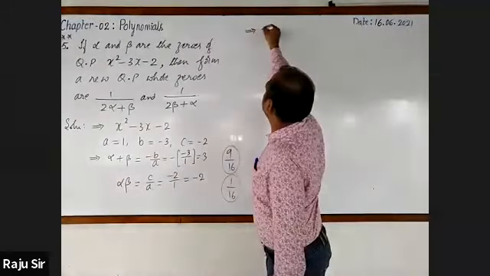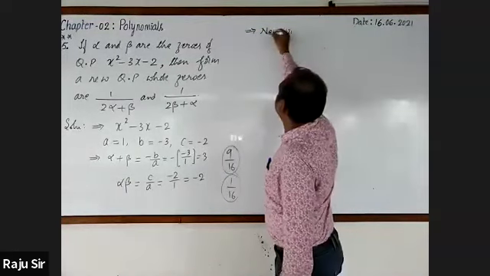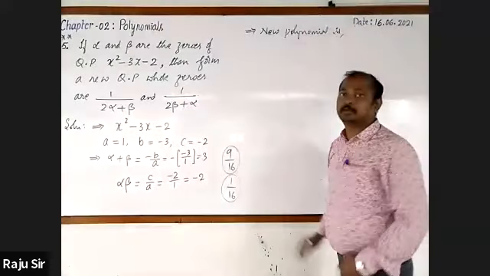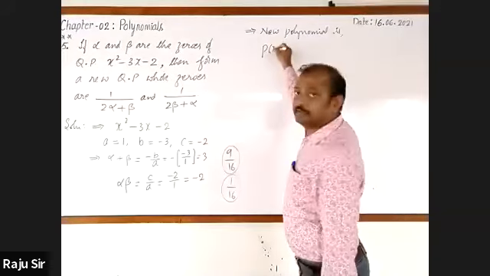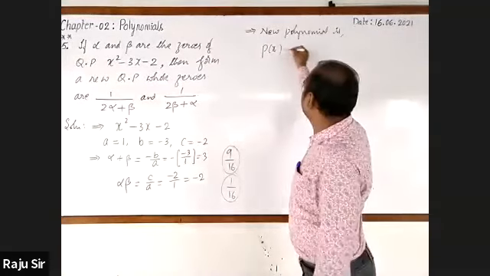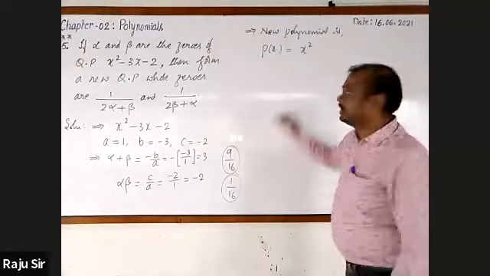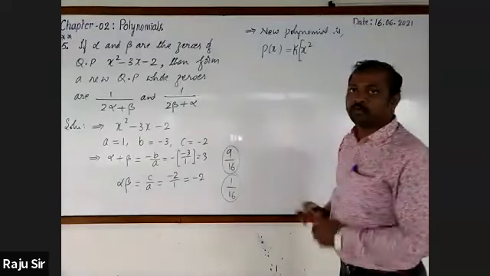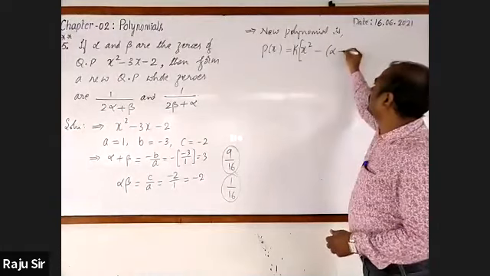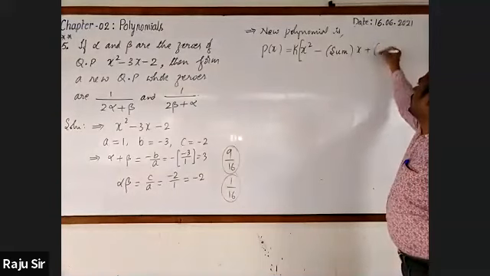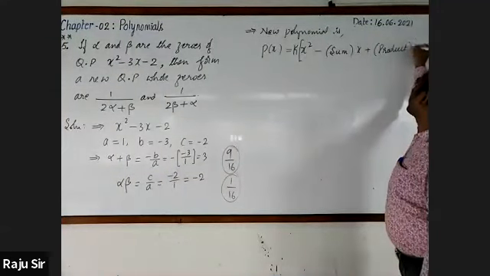New polynomial is p of x is equal to k into x square, as the sum and product are in fraction, minus sum of new zeros into x plus product of new zeros. Substitute.